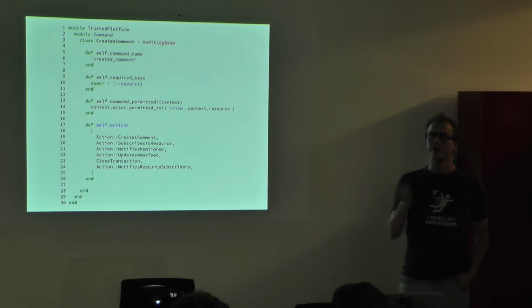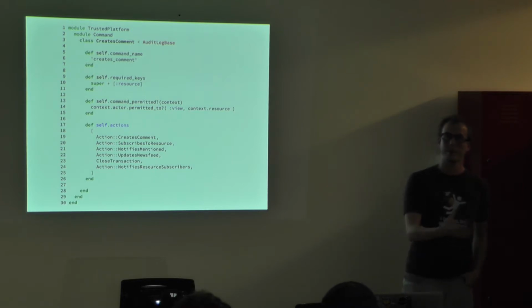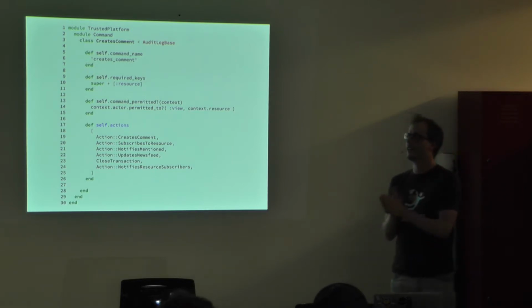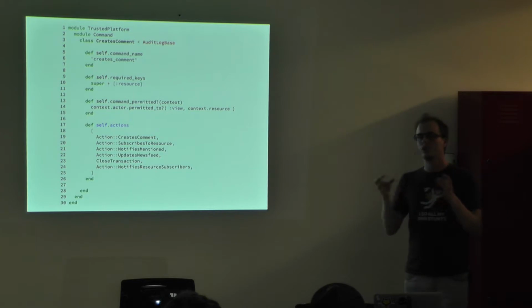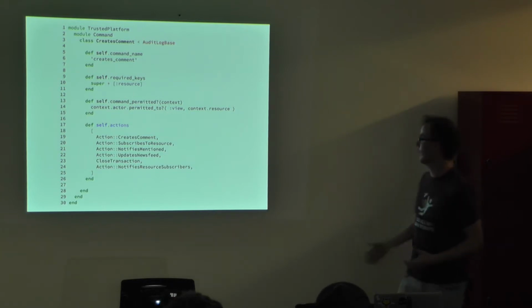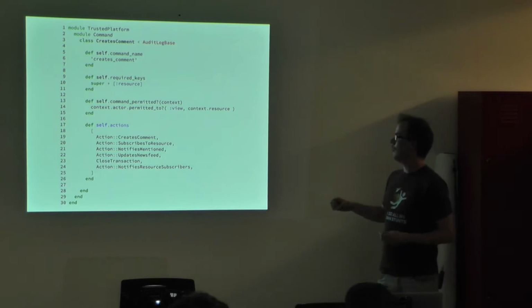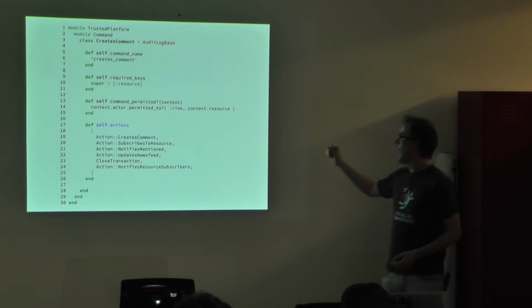This is from the Light Service gem, where you basically, I think it's called an orchestrator, which will call and sequence a bunch of actions that will execute specific atomic parts of your job. So in our case, a create comment is first create a comment, important.